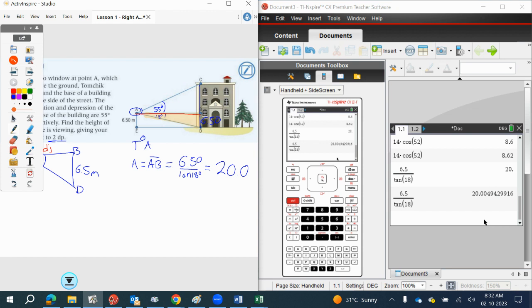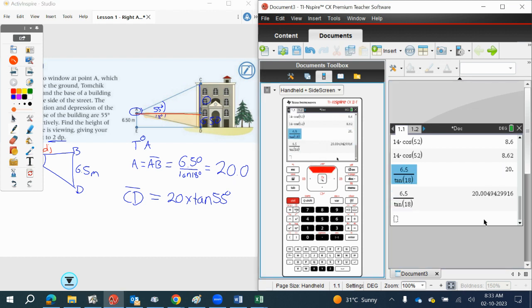So for our next calculation, we're trying to find the length CD. CD is here, it's the opposite. So the opposite is equal to the adjacent times the tangent. So we want 20 times the tangent of the angle, which is 55. We write this on our paper, that's fine, but we don't calculate like that.